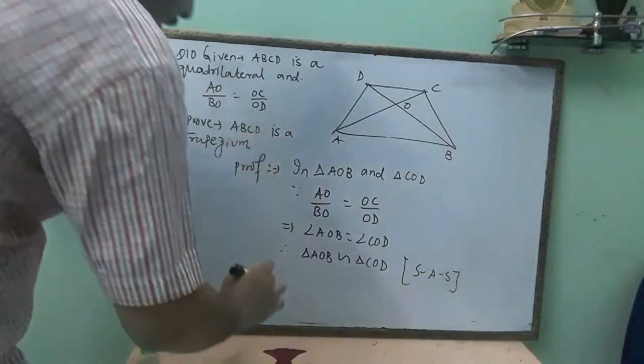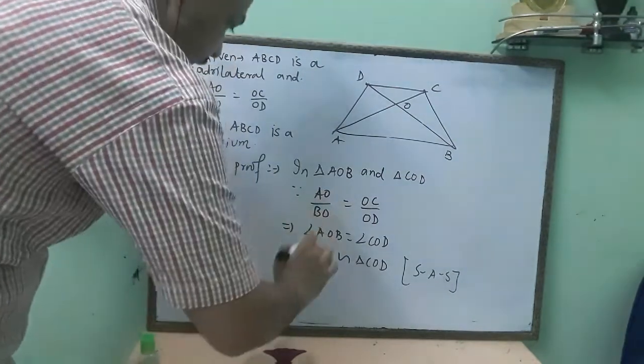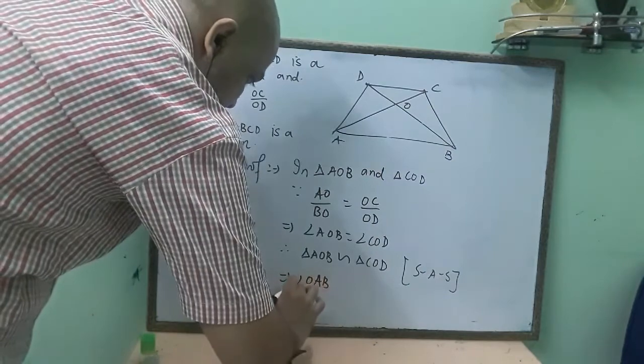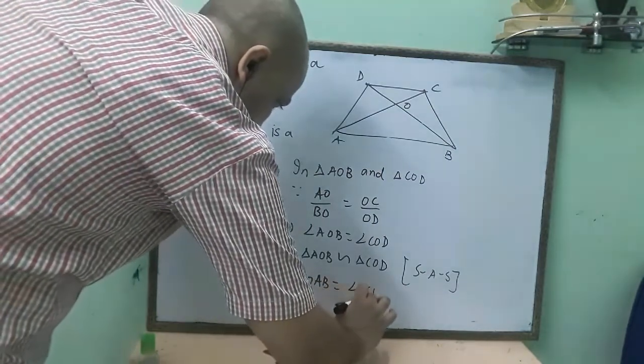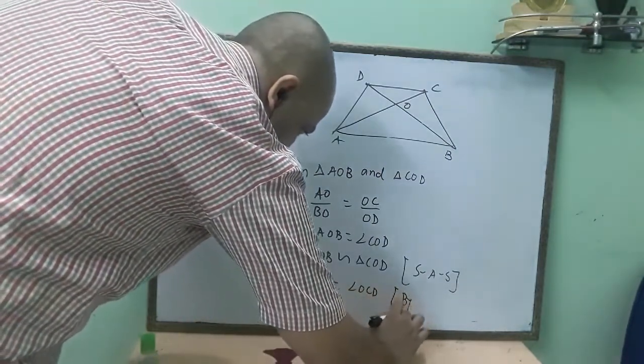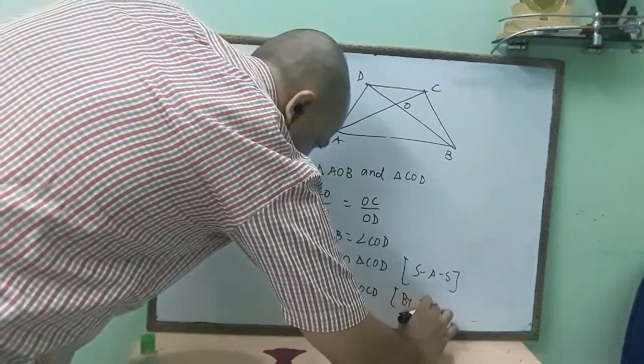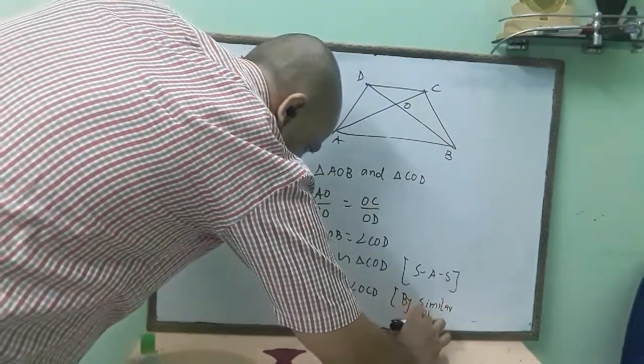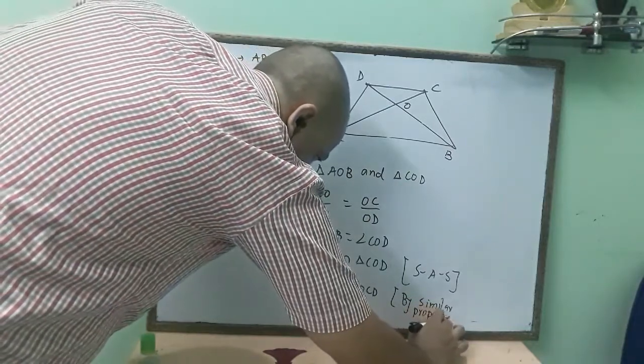If the triangles are similar, then angle OAB is equal to angle OCD by similarity properties.